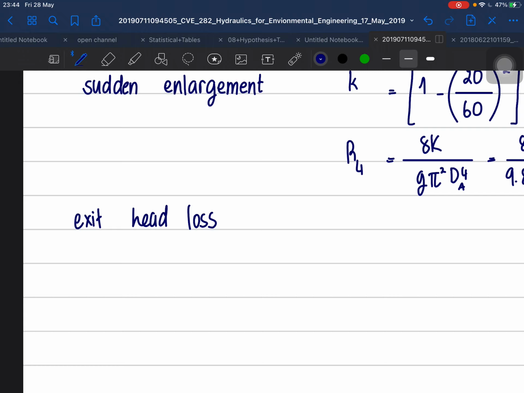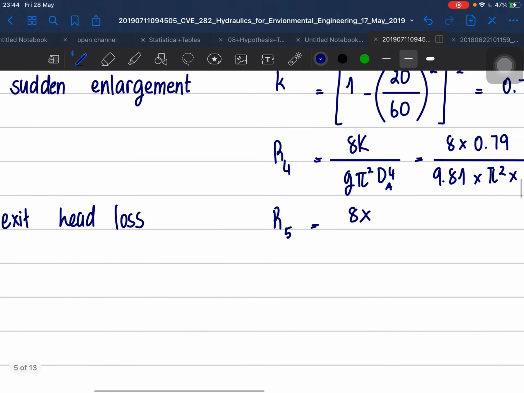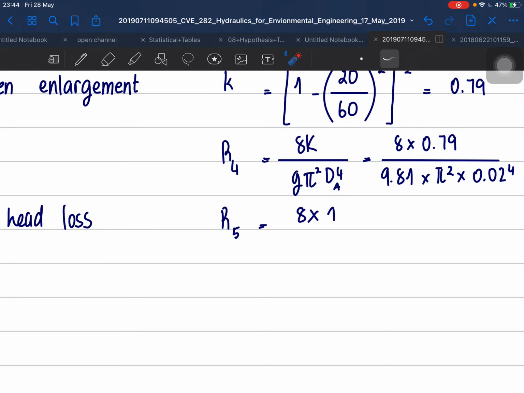They're not asking for the pressure drop. It has nothing to do with the previous exercise. Okay, let's forget it. Exit head loss. R5 equals 8. I don't want to write the formula again, it's the same, but this one is different. It's B.